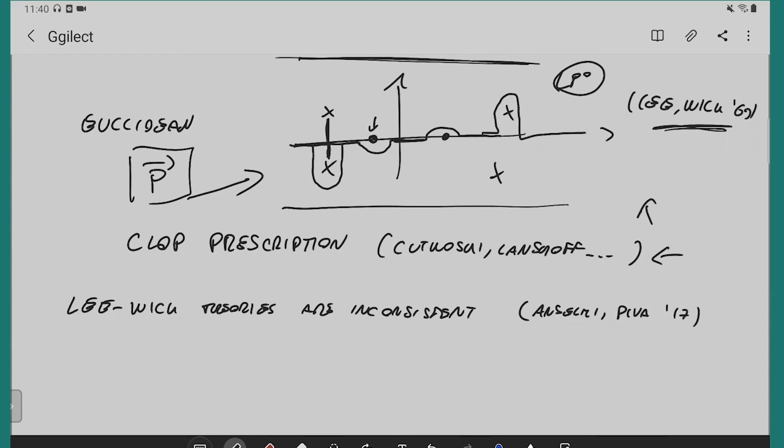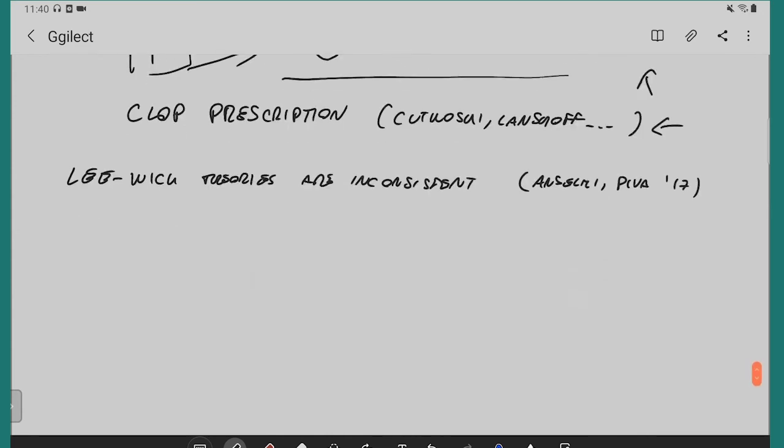So I don't have much time left, but to sum up, Lee and Wick proposed that Minkowski theories with this type of propagators have this type of integral. So let's say this. Theories with complex conjugated poles have propagators like this.